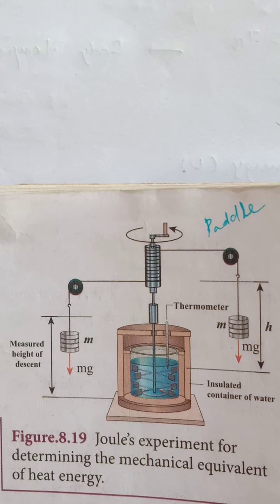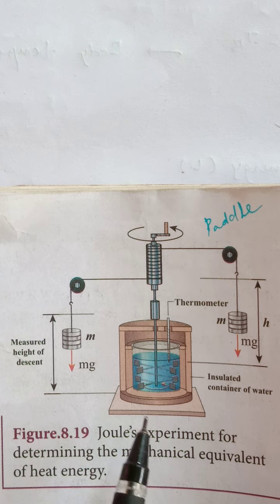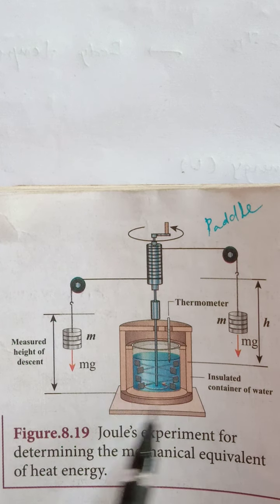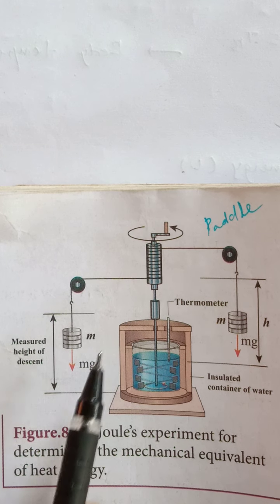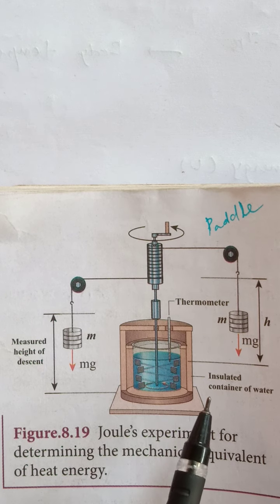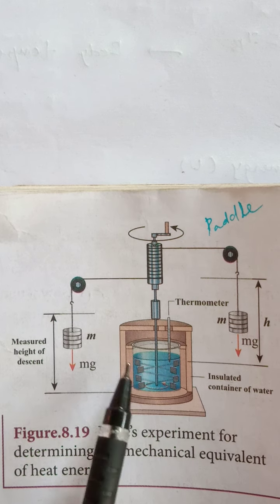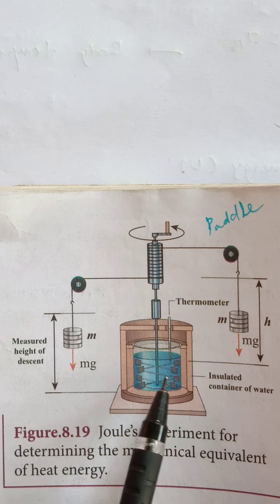Then we will see it with the help of a diagram. This is a diagram of Joule's experiment. Here this is called a calorimeter, which is a non-conductor of heat material, which means heat is not transferred from inside to outside. It is an insulated container of water. Take a jar and fill it with water.